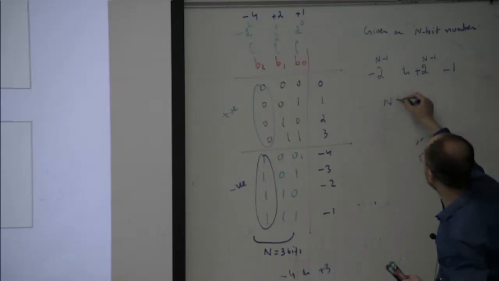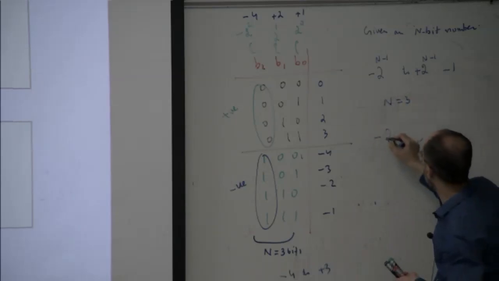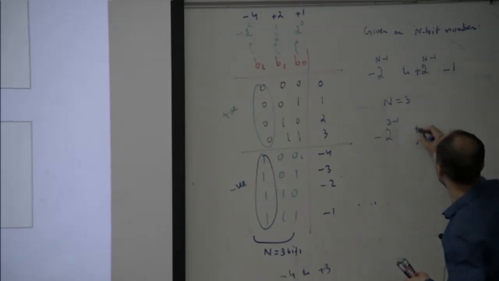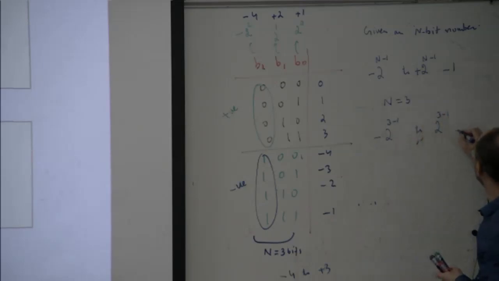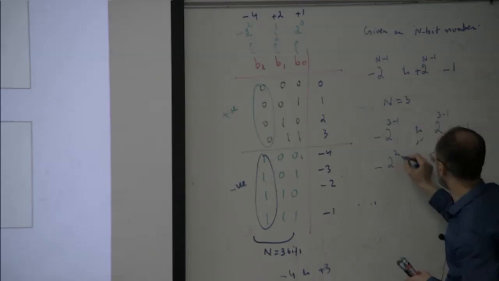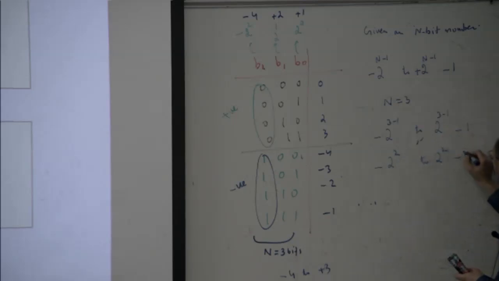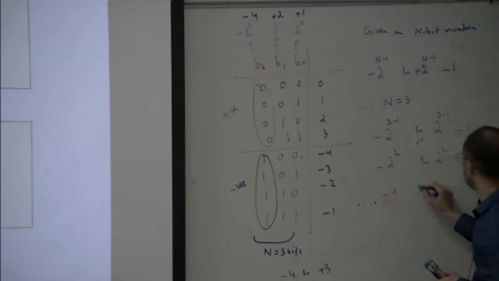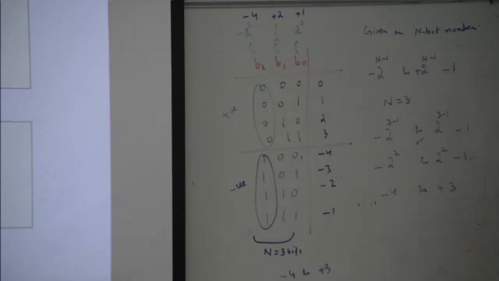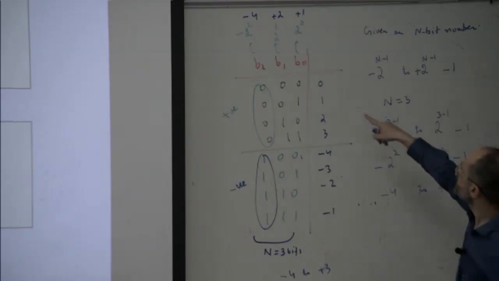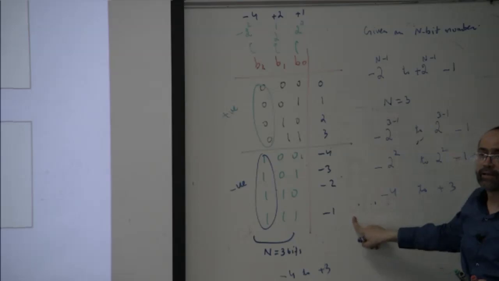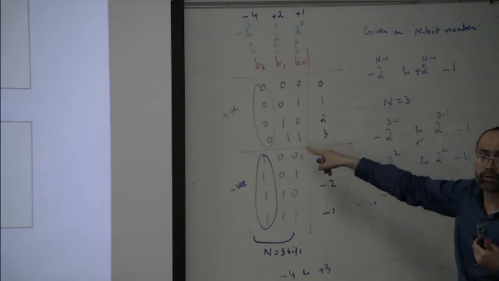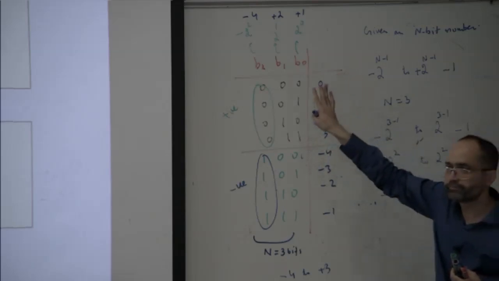So replacing n with 3, it is -2 to the power 2 to 2 to the power 2 minus 1, that is -4 to +3. Now we have proved it. These are the decimal representations of the 2's complement form. Any question? Should we proceed?